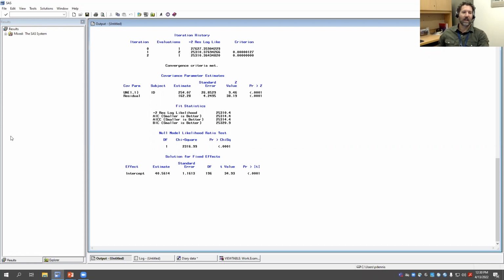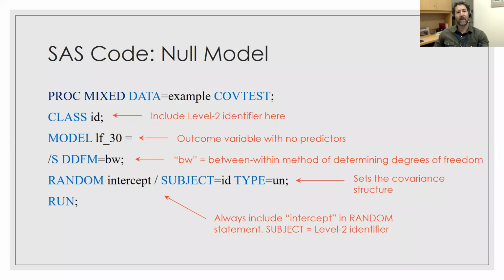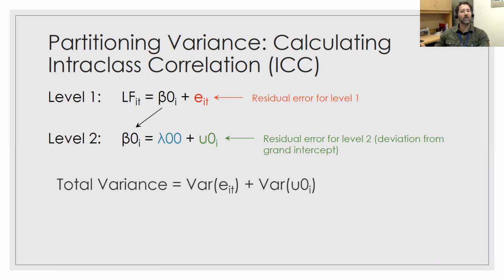Now that we have that, I'm going to go back to our PowerPoint, because this is where we can partition our variance. And we partition the variance by calculating what's known as the intraclass correlation. So quite simply, the total variance in LF is composed of two pieces, the level 1 error variance plus the level 2 error variance.